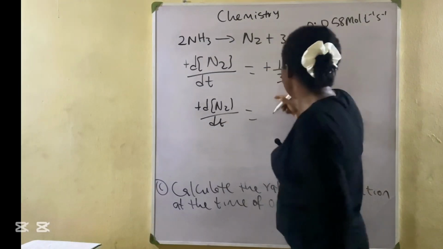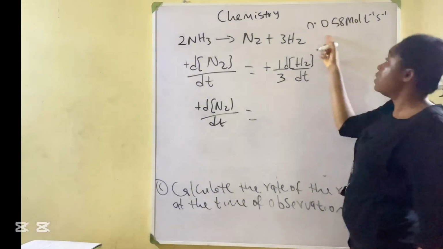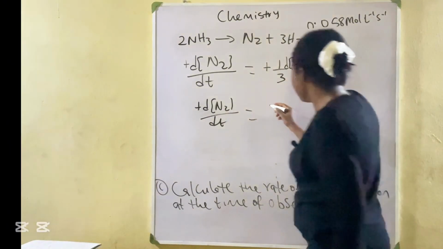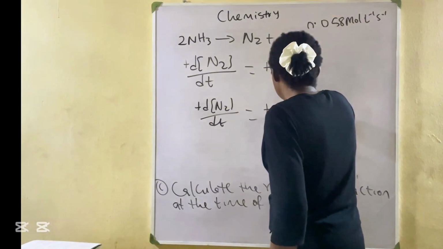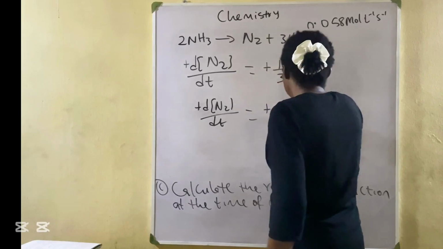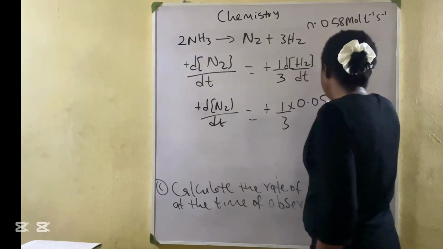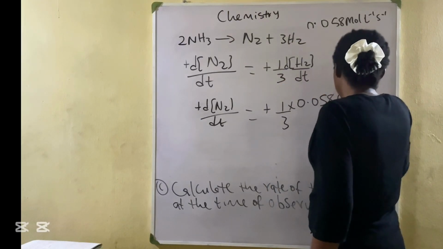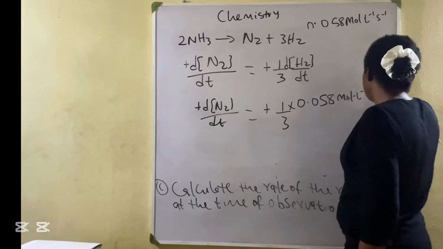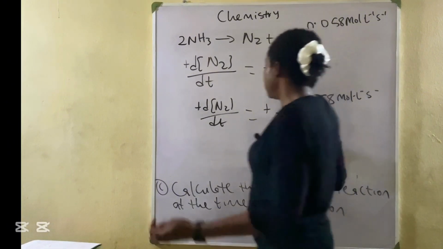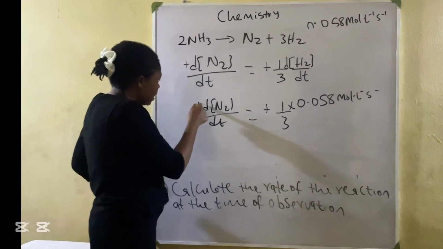So when I put the value here, hydrogen, we are given the value to be 0.058. So 1/3 times 0.058 mole per liter per second. There's no coefficient here for nitrogen, so it's one of anything.